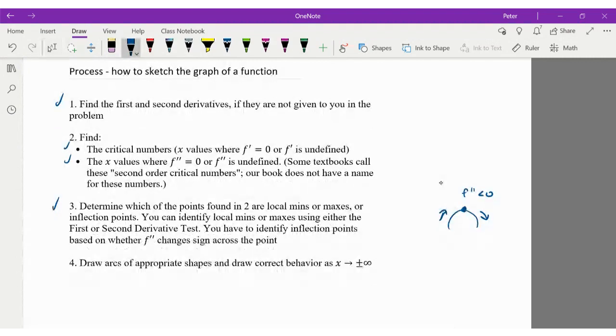And number 4, you just want to draw the arcs of the appropriate shapes. So if I know, for example, that this is, I'm writing this for monotonicity and concavity.